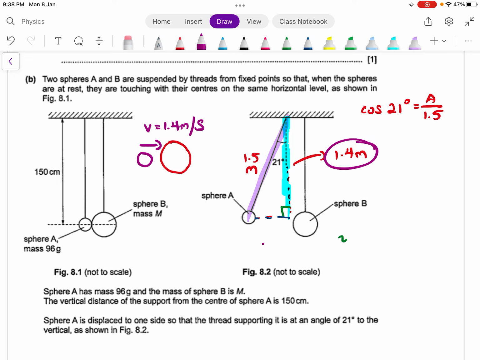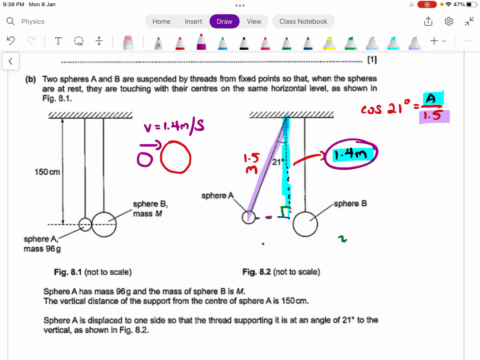How do I get 1.4? Very simple, you just use SOH CAH TOA. You want adjacent, you have the hypotenuse, so you use cosine 21 degrees equals adjacent divided by hypotenuse. If you do the calculation correctly, your adjacent should be 1.4 metres.